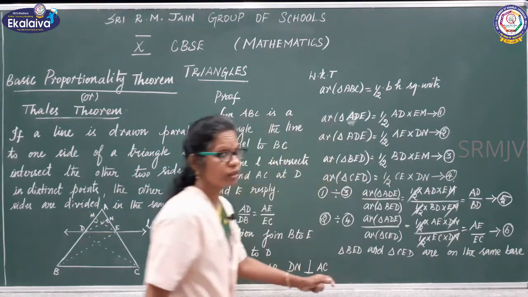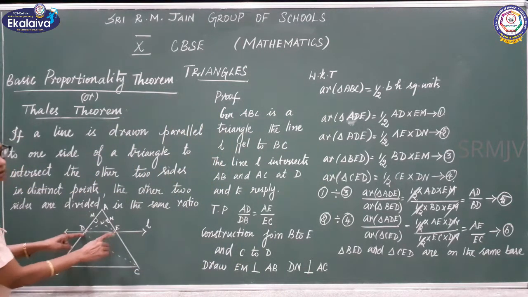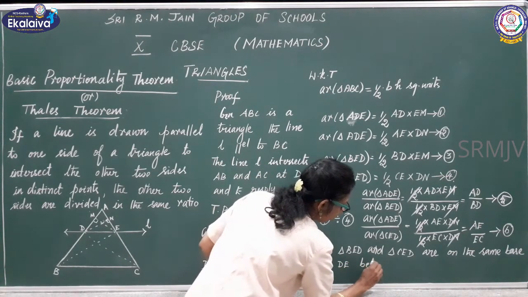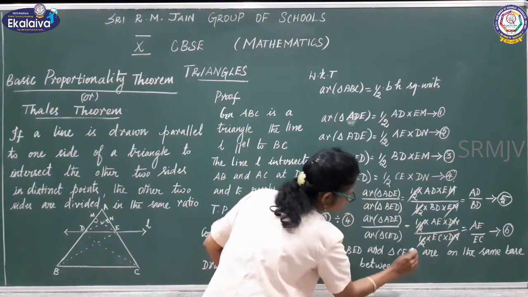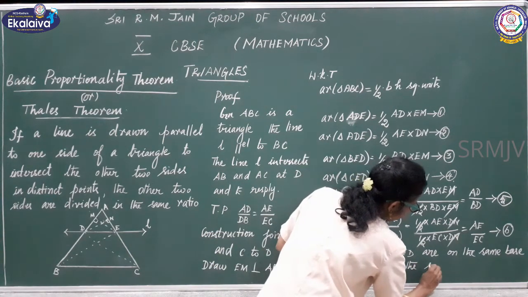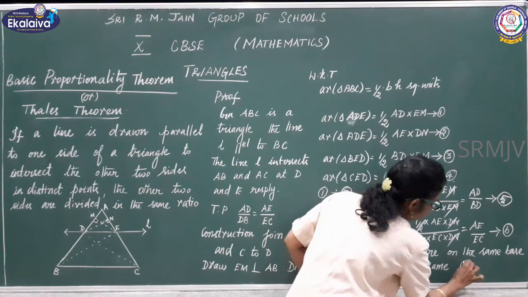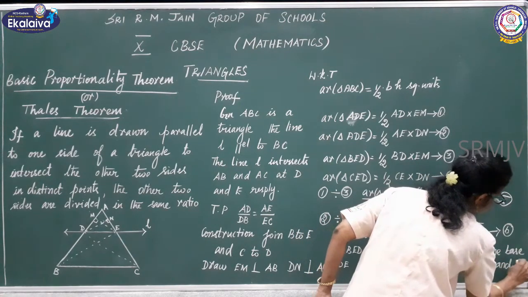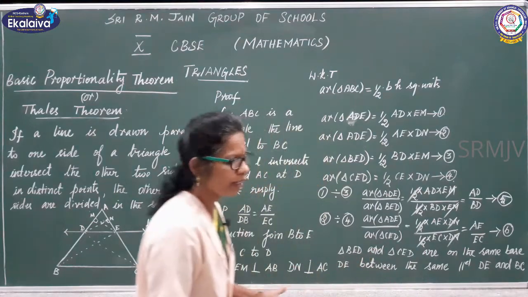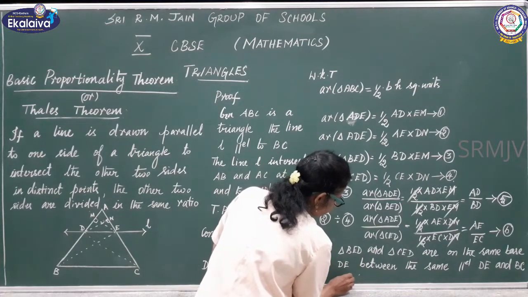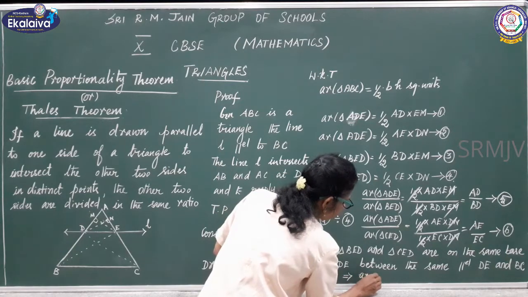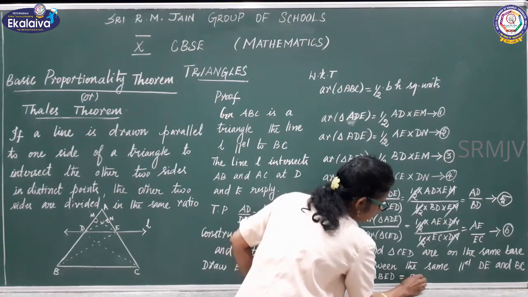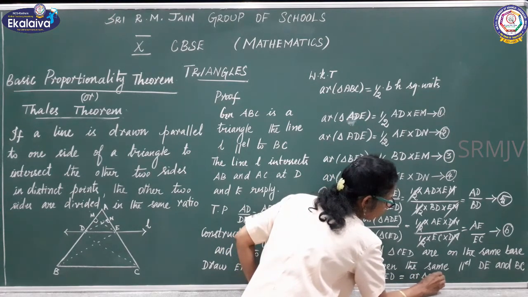which is the same base for the triangles, DE, or on the same base DE between the same parallels, DE and BC, are in equal area, I said. So, which implies area of a triangle BED equal to area of a triangle CED.